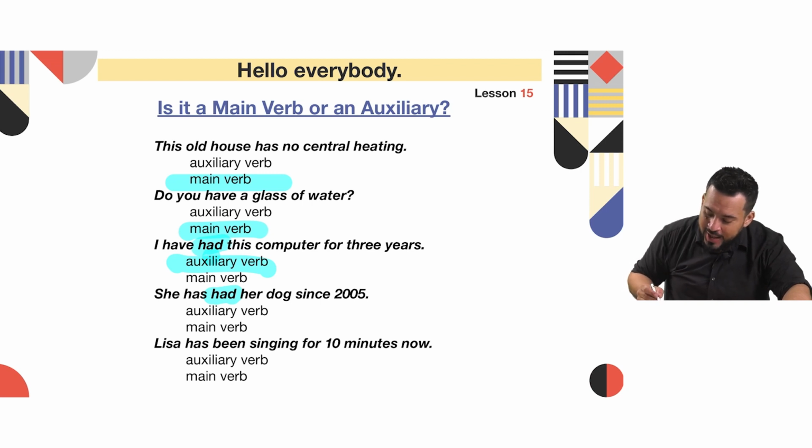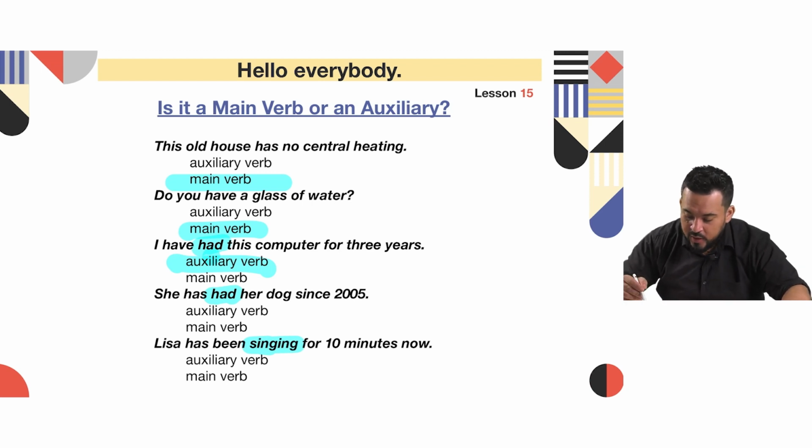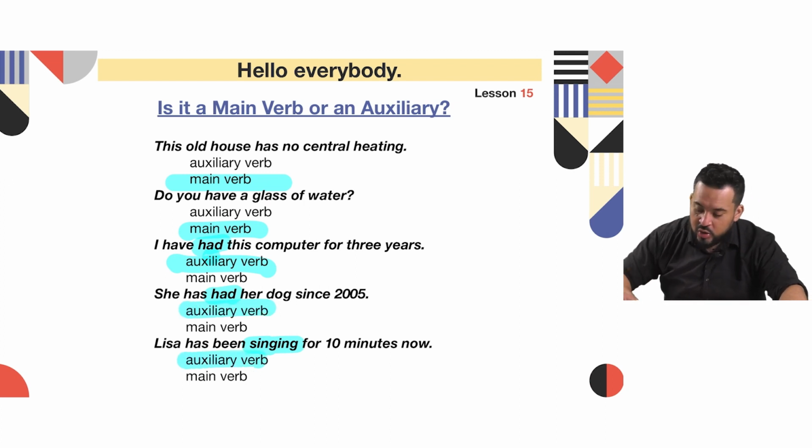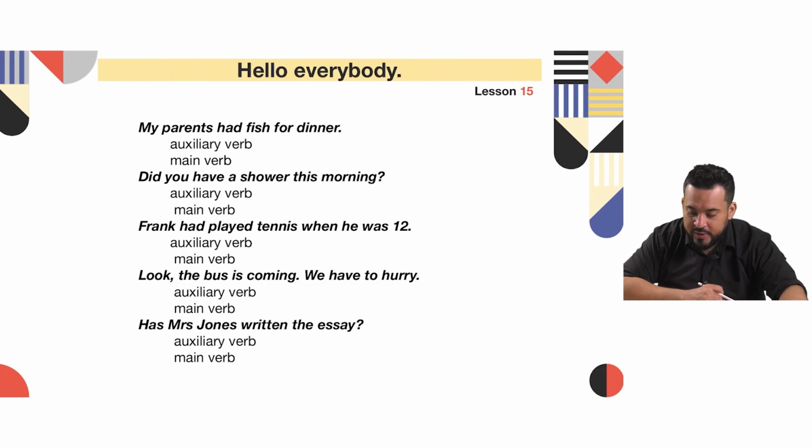Has here is an auxiliary because the main verb is singing. So the correct answers are: main verb, auxiliary, auxiliary, auxiliary.